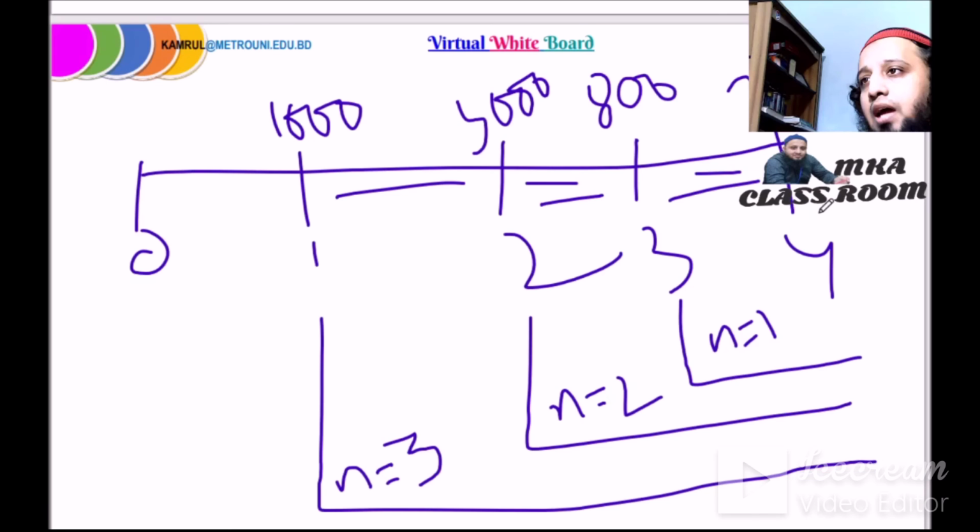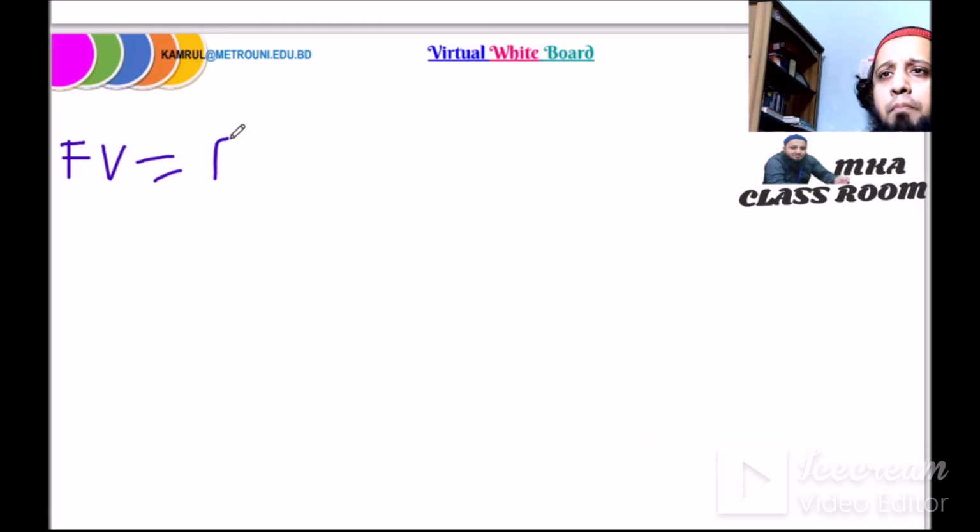So now you will simply use the future value formula. That is very easy for you. Future value equals present value into 1 plus r power n.